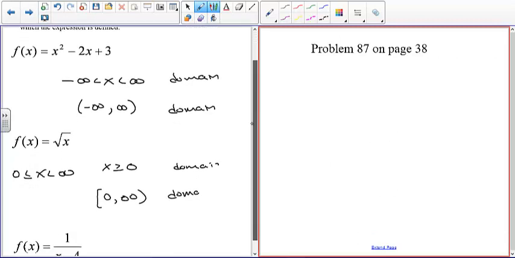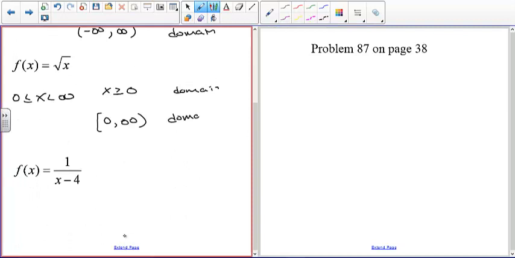Okay, we got one more here. So in reciprocal functions like this one, the limitation on the domain is that the denominator cannot be 0. So there's a few ways you could do this.